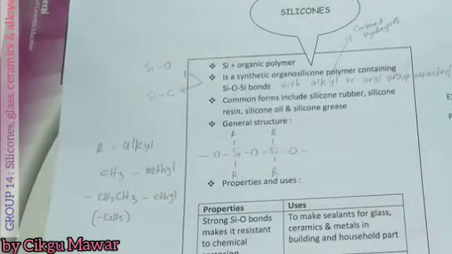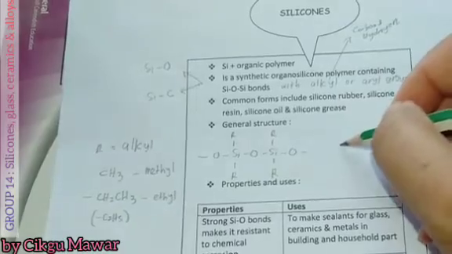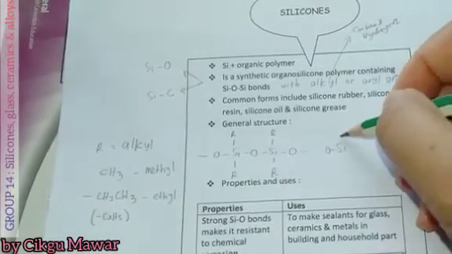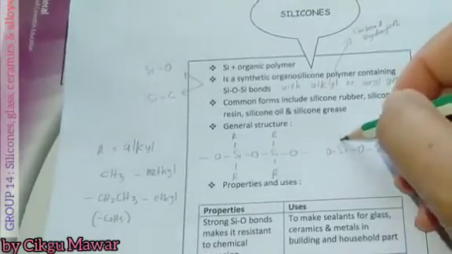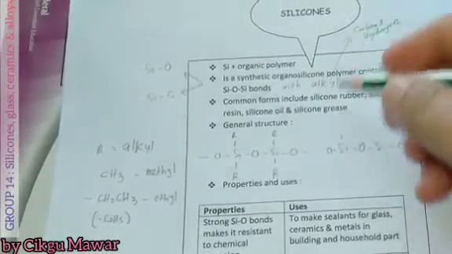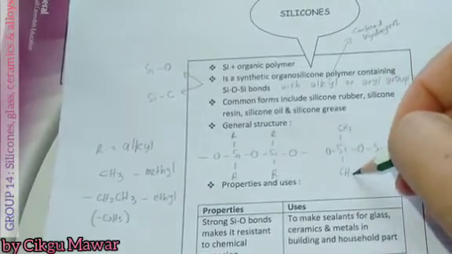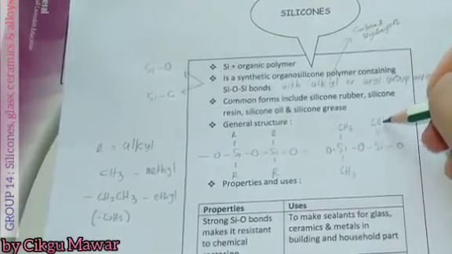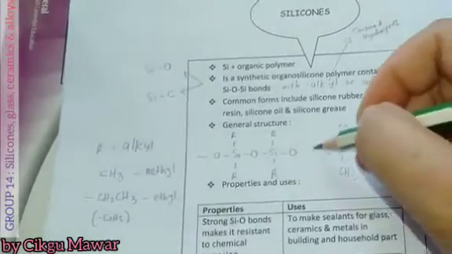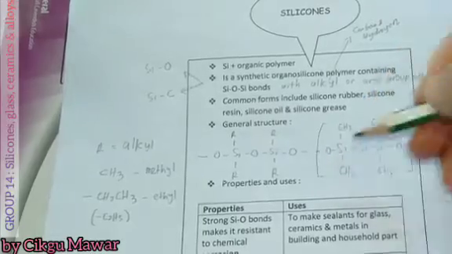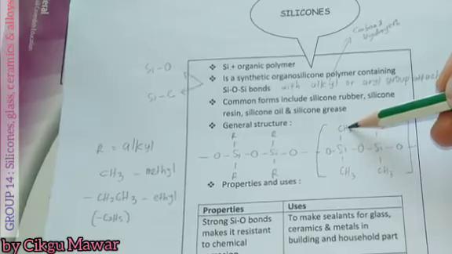So the example here is an Si-O bond, and then this Si, for example I take methyl, so it is bonded with a methyl group. So this is an example of silicones, which is bonded with oxygen and also bonded with alkyl.